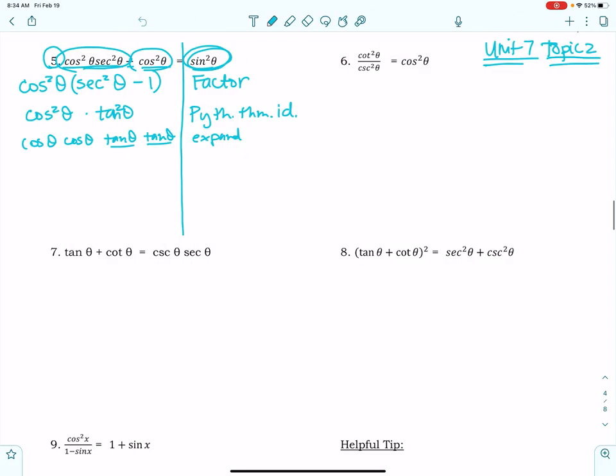So that is going to help us. So I am going to write cosine cosine, and I'm going to replace tangent with sine theta over cosine theta. I'm going to do that twice because there are two of them. And that, of course, is just your reciprocal identity. Or no, that was the quotient identity. Shame on me.